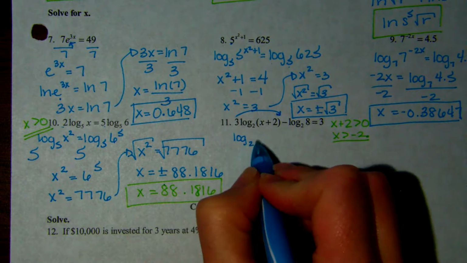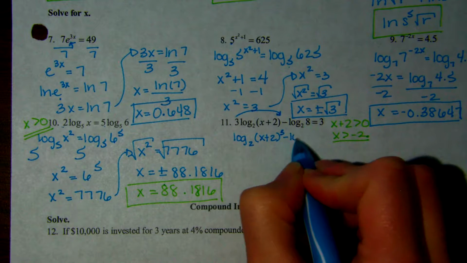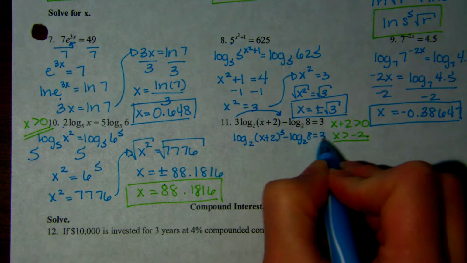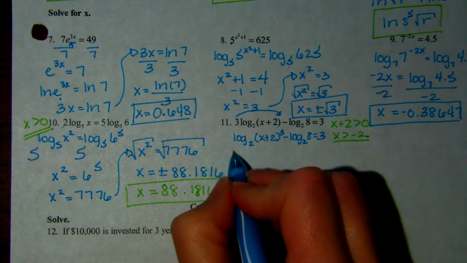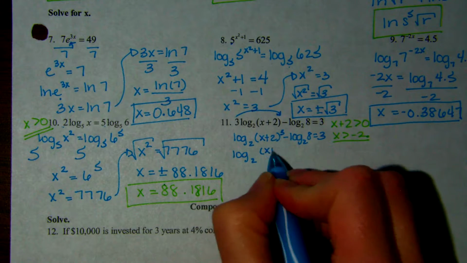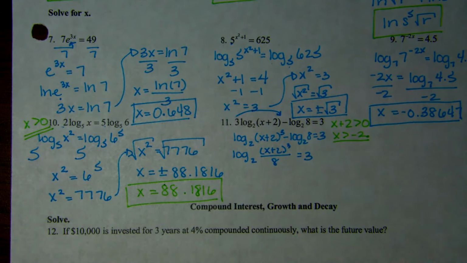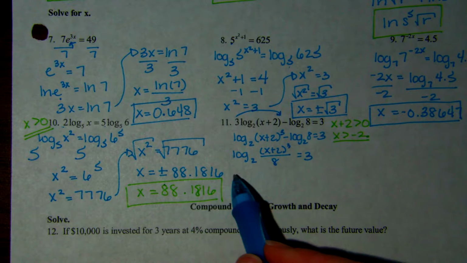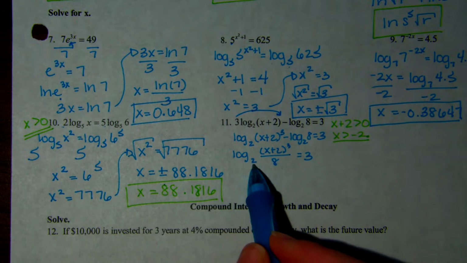So this is log base 2 of x plus 2 cubed minus log base 2 of 8 is equal to 3. And then this minus here means division. So this is log base 2 of x plus 2 cubed over 8 is equal to 3. And then what we do is we make both sides of the equation a power of 2, and that's because of the 2 right there.